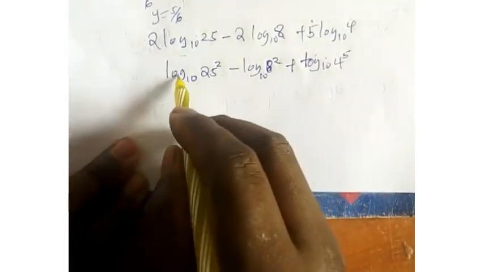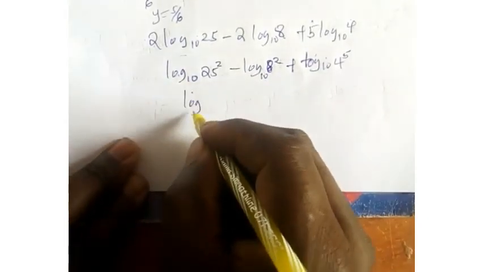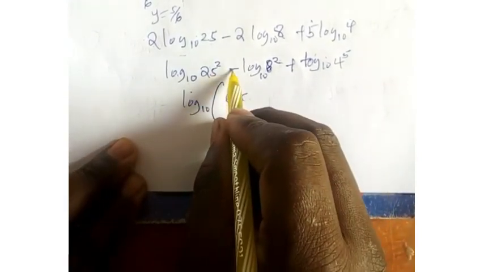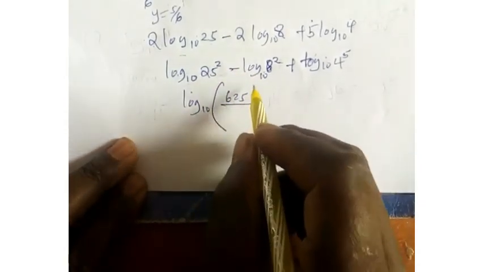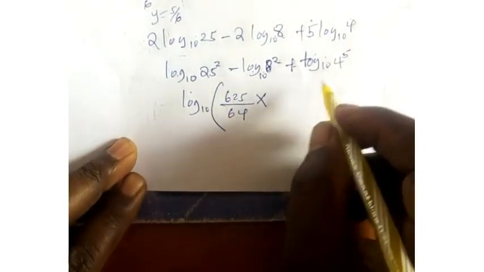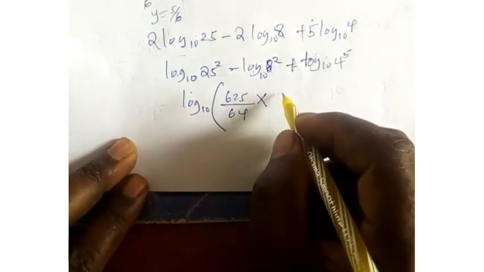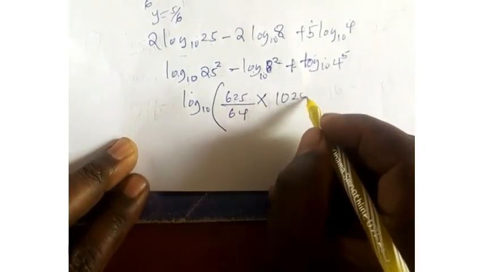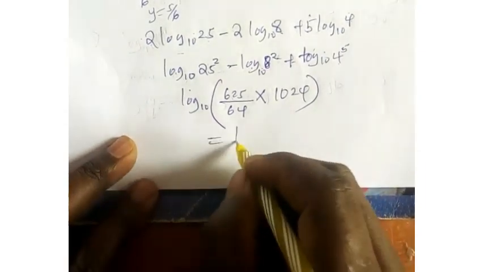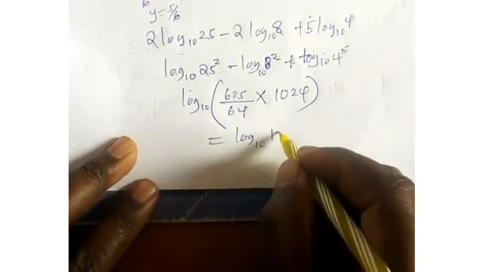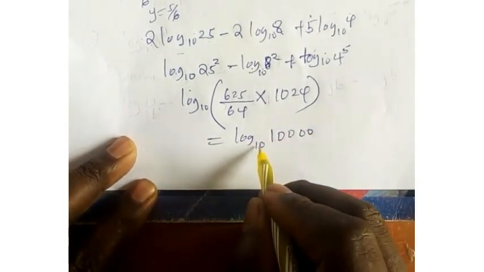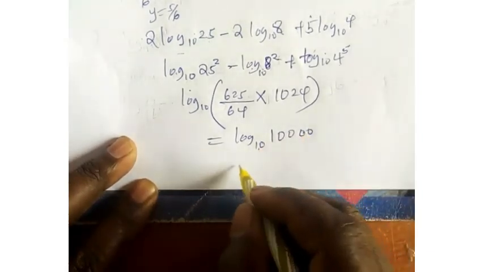Once you have this, you should know now the log base is the same, so that is log to base 10 of 625. This is subtraction, so it's going to be divided by 64, and then times 4 raised to power 5, that is 1024, right? So this one is going to give us log to base 10 of 10,000. Which number will you raise base 10 to, to give you 10,000? The answer is 4.